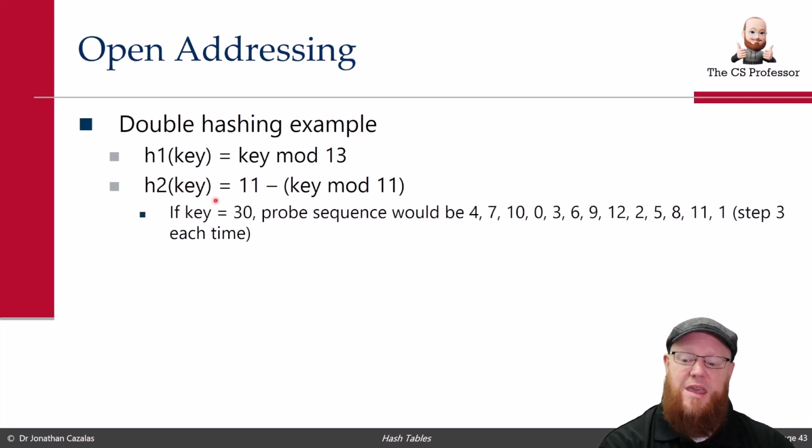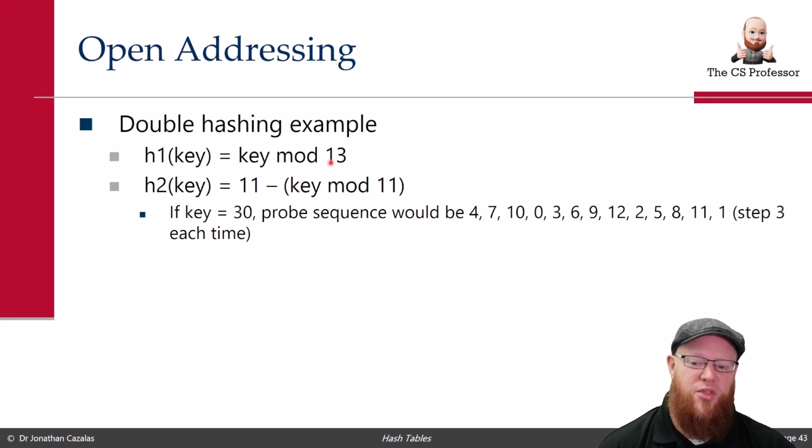If the key was 30, check this out, this would be our probing sequence. 30 divided by 11 is going to be 2, with a remainder. 2 times 11 is 22. 30 minus 22 is 8. 11 minus 8 is going to be 3, and that is your step size.